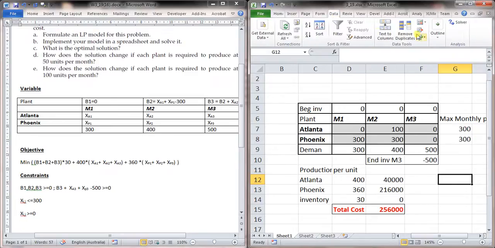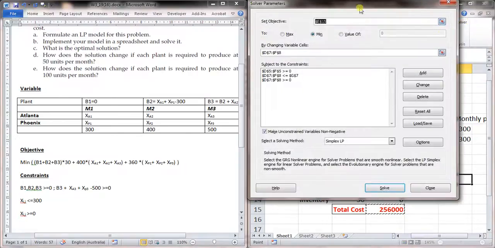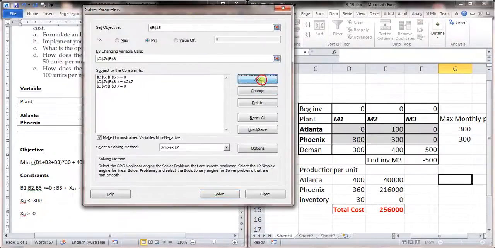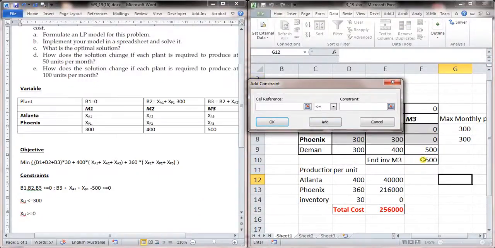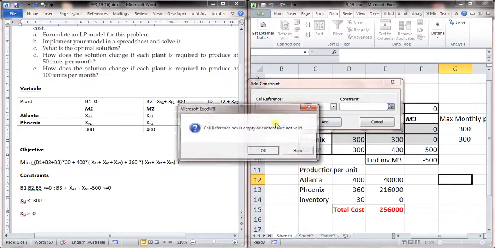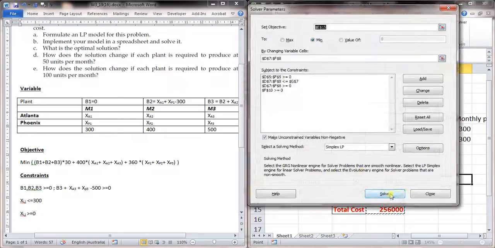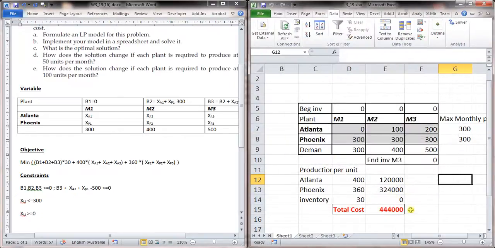So let's go back and add that constraint back. So add one more constraint, and that is this should be greater than or equal to 0. Okay, now solve it. So this is your final solution.